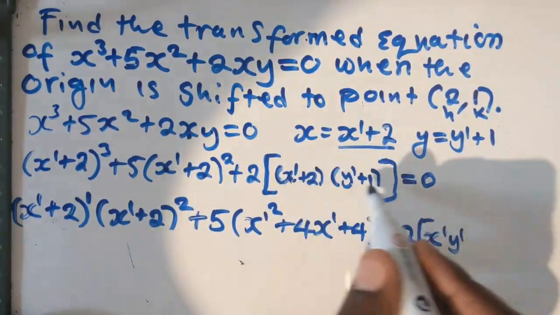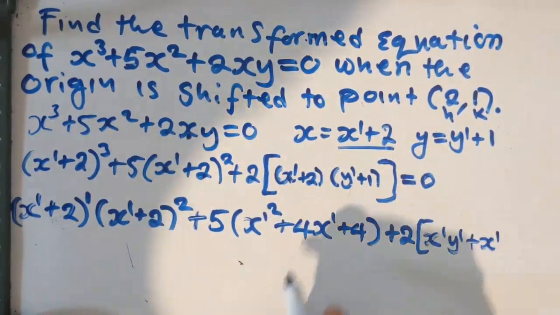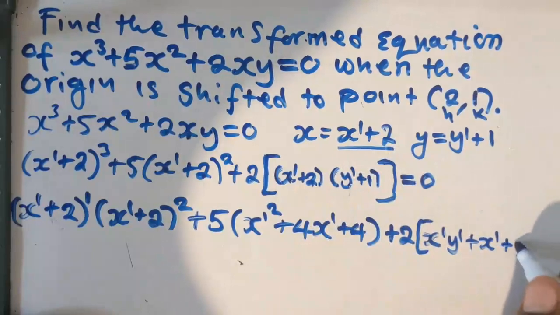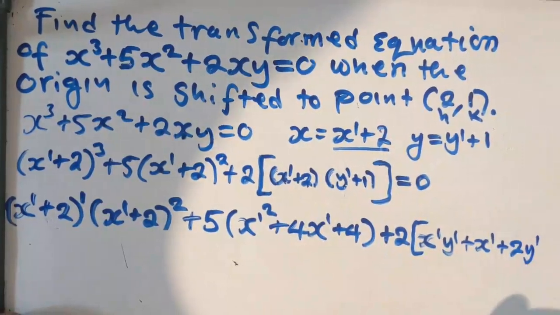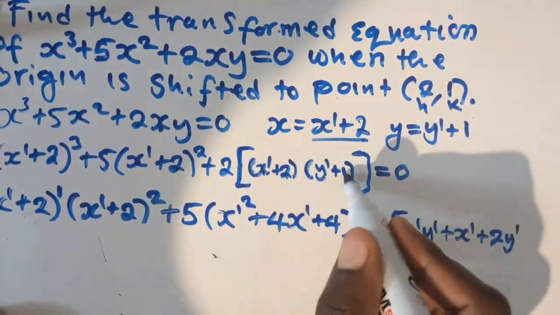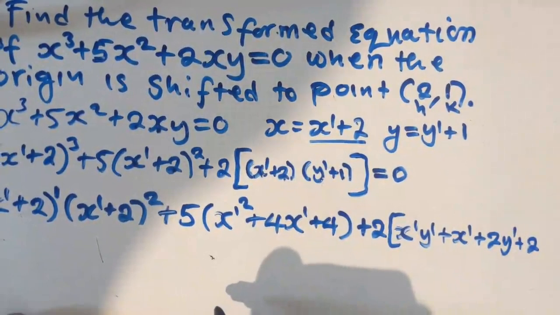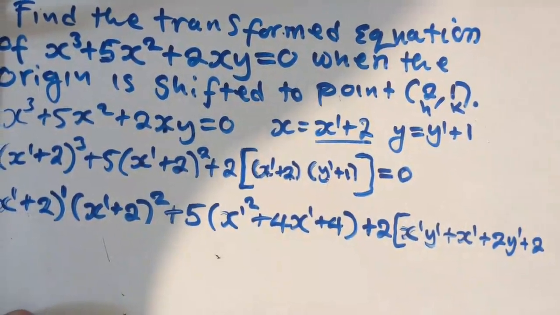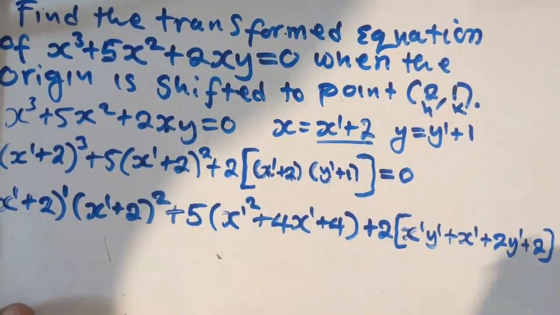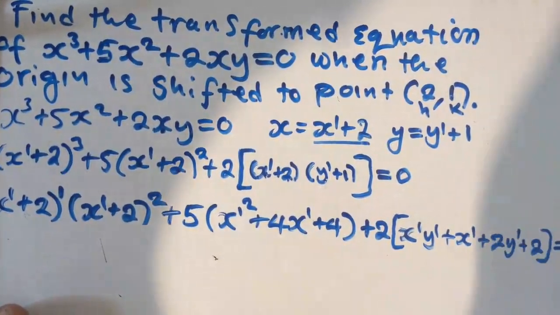Then x prime times 1, you're going to have x prime. 2 times y prime, you're going to have 2y prime, like that, okay? Then 2 times 1, you're going to have 2, like that, right? So that is what you are supposed to do, okay? From there you close the bracket. You know there is equal to 0, just put equal to 0.